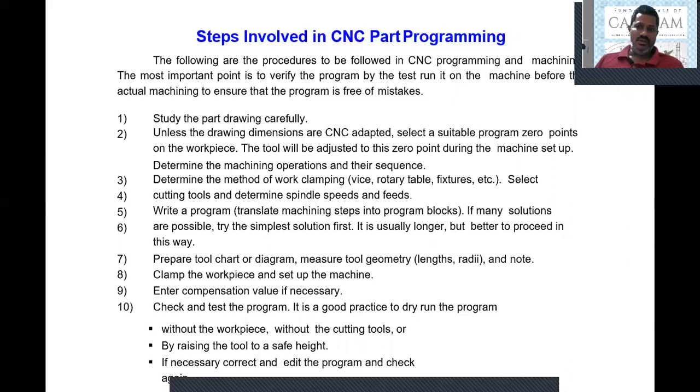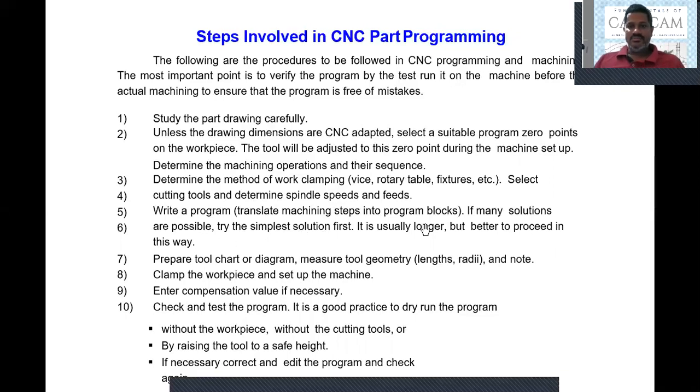So by looking into the geometry, we have to select the parameters also: speed, feed, and depth of cut, and the clamping or holding devices to hold the workpiece firmly, and also sometimes to hold the tools firmly during the work. So this is all we require.